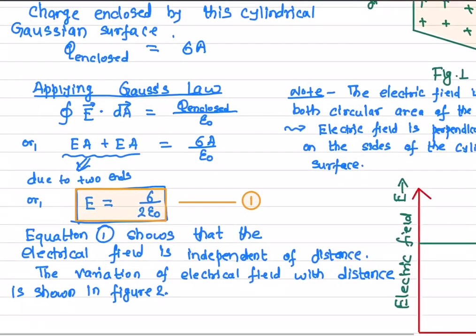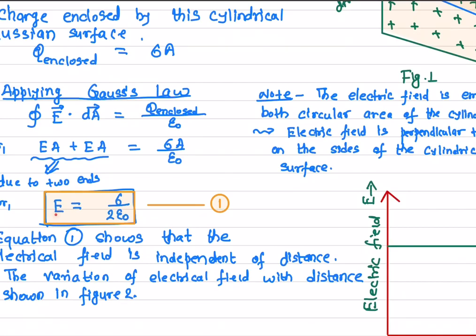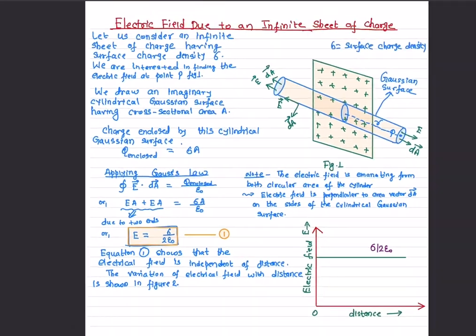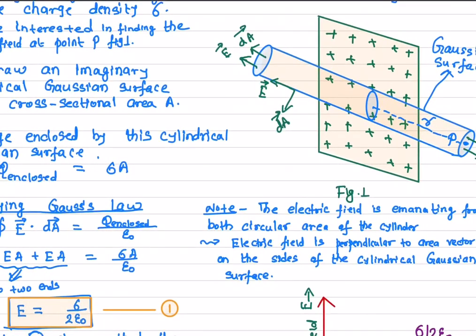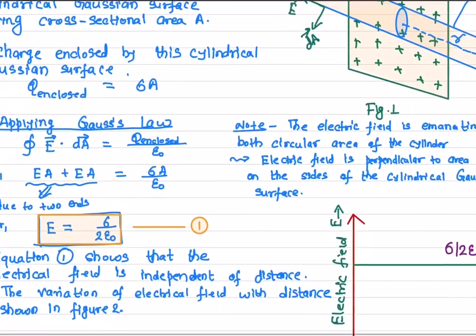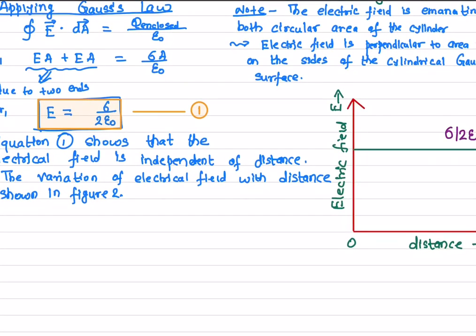The total charge enclosed is sigma times A. If you solve for E, you get sigma over two epsilon naught. It does not depend on the area or on the distance, which means the electric field due to a charged plane is constant. It doesn't matter where you measure, at this point or a long distance away. For an infinitely long charged plane, the electric field at any point is constant.